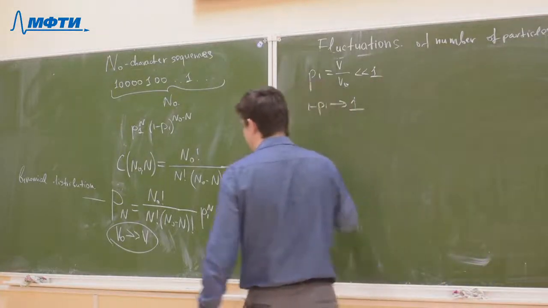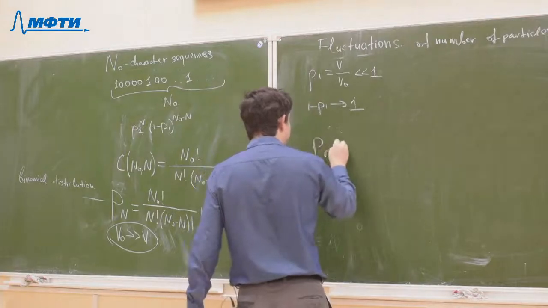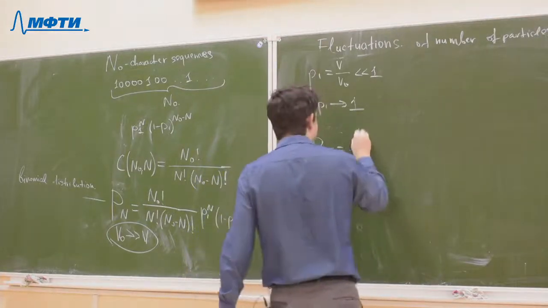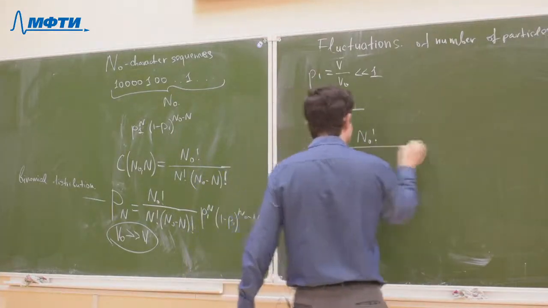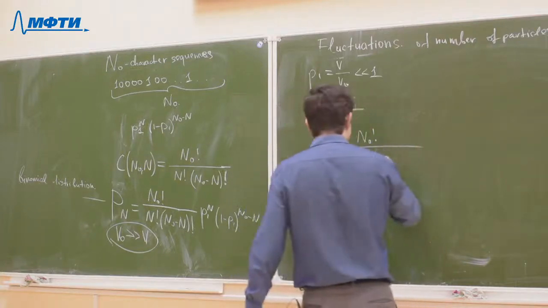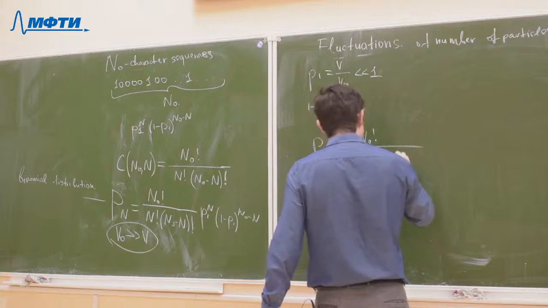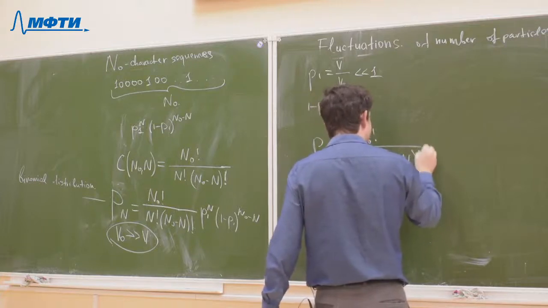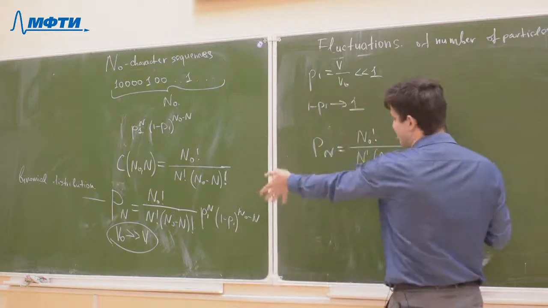Okay, so for our formula we have that Pn gives us n0 factorial divided by n factorial times n0 minus n factorial. Okay, this is the same part as there.